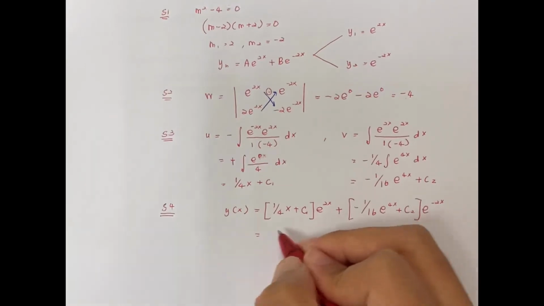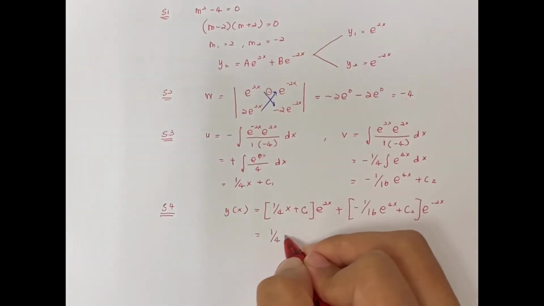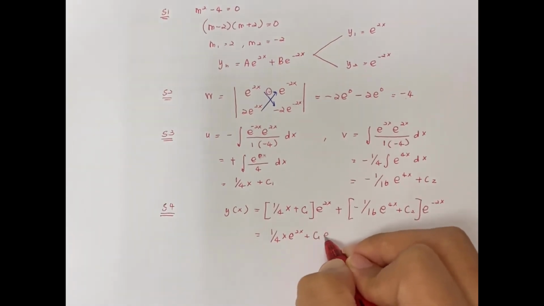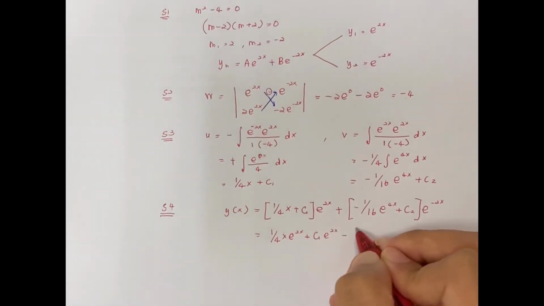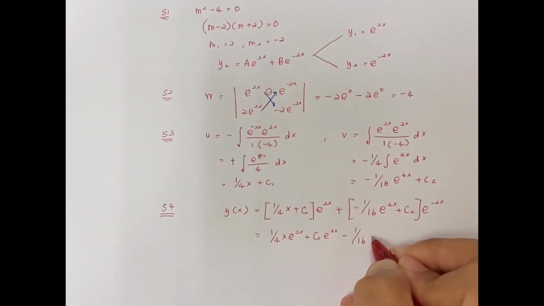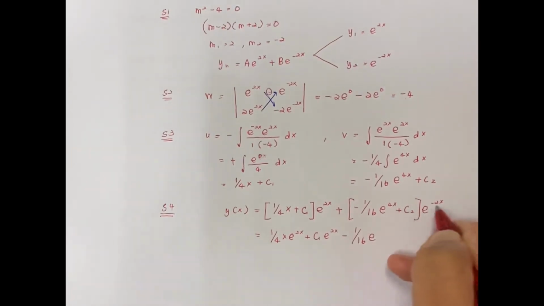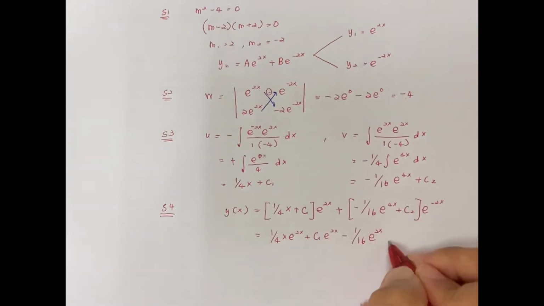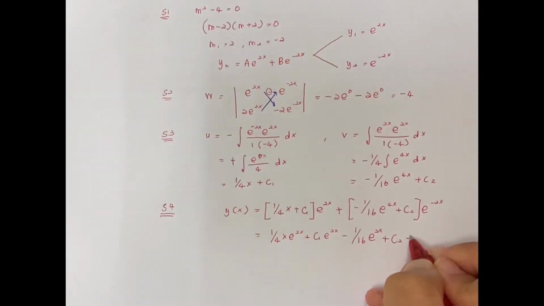So yx is equal to 1 over 4x exponent 2x plus c1 exponent 2x minus 1 over 16 exponent 4x minus 2x, you have 2x plus c2 exponent negative 2x.